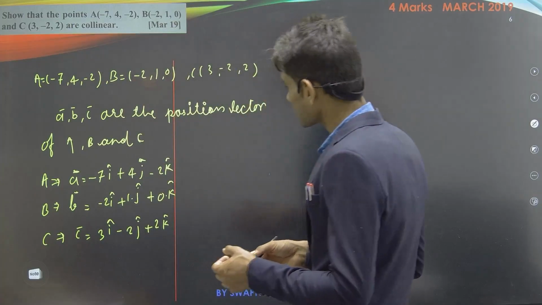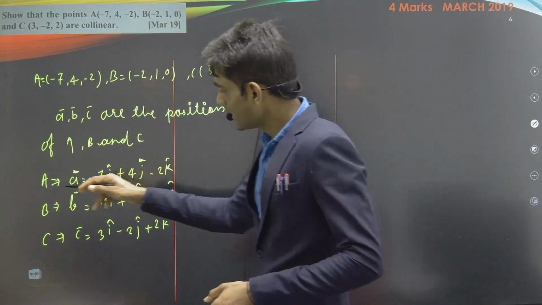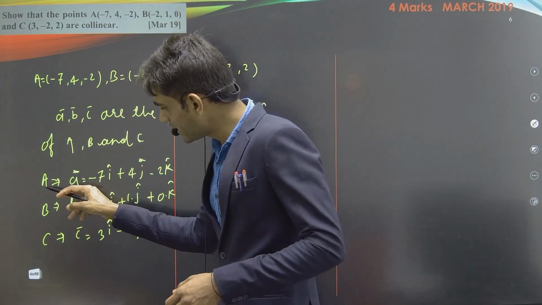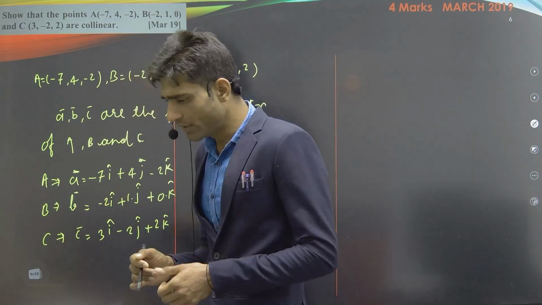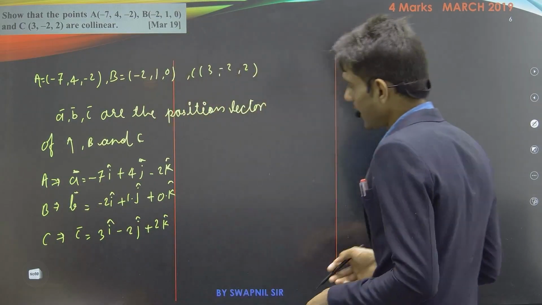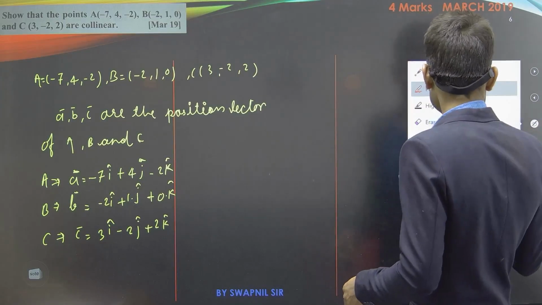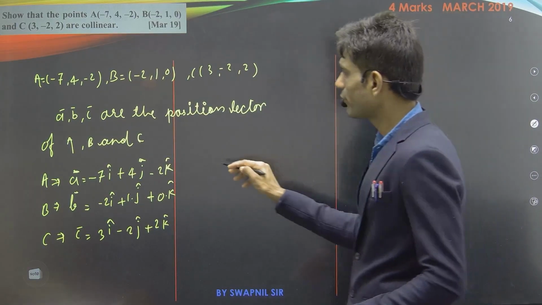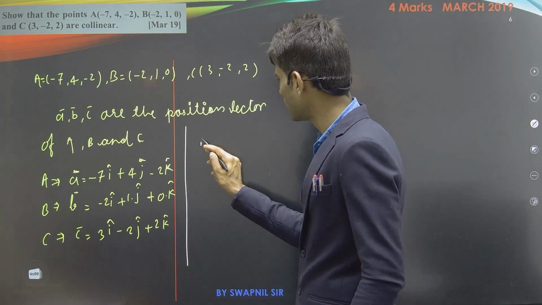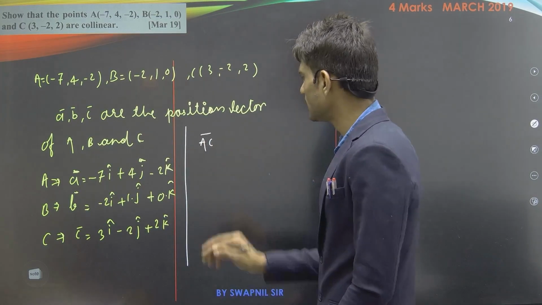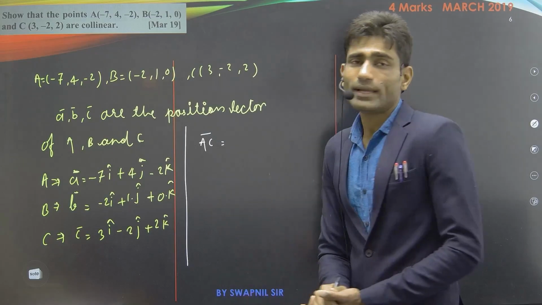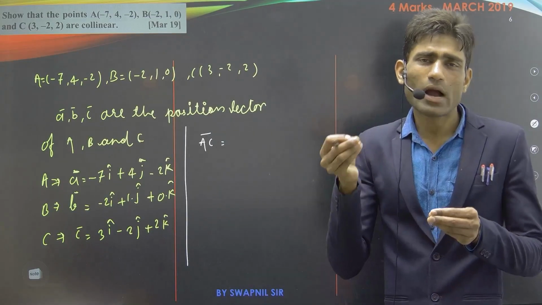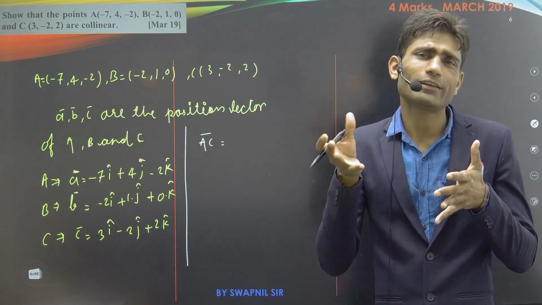That means we can write AC bar as some scalar multiple of AB bar. So let me first find the values for AC bar and AB bar. For finding AC bar, we have to subtract position vector a bar from position vector c bar.